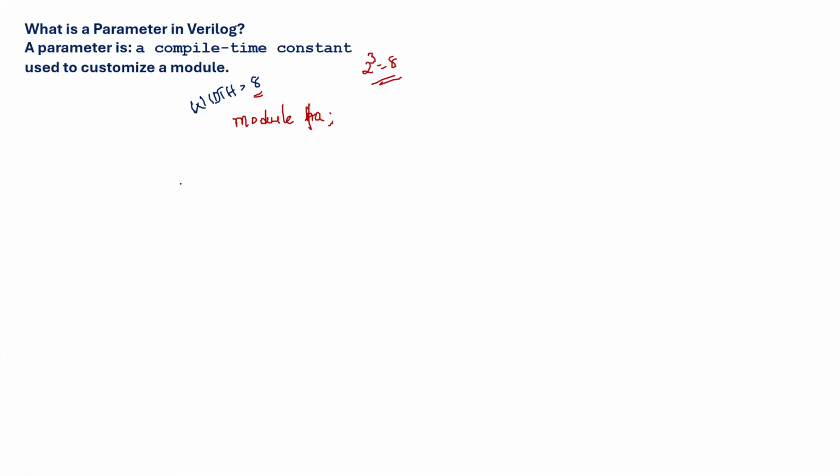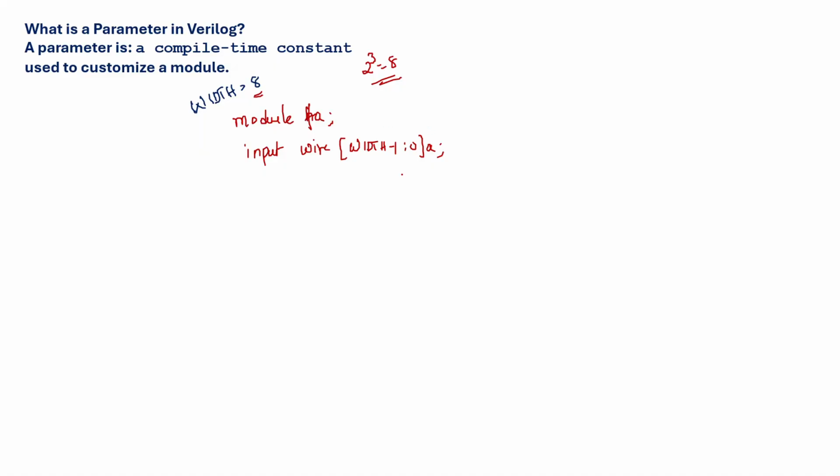Okay, so I told you parameters are used to produce constants. What do constants mean? Suppose I take a module full adder, and in that I take an input wire. I need to mention some width: width minus 1 down to 0 of a.